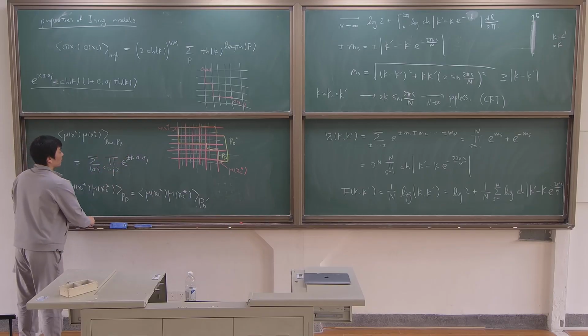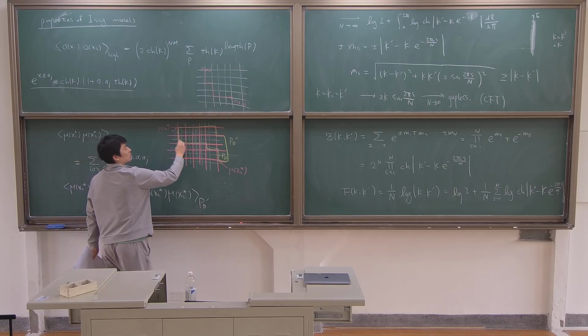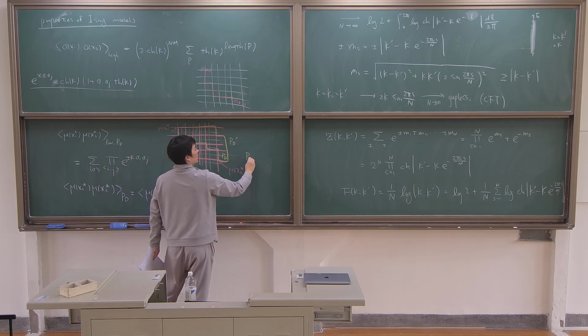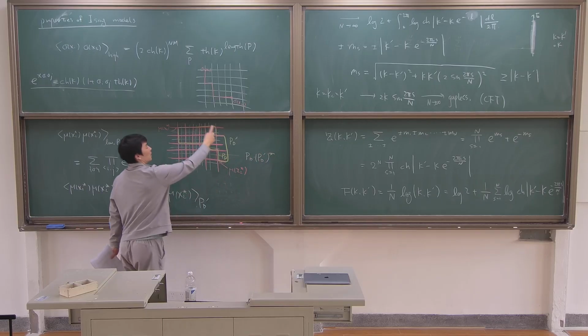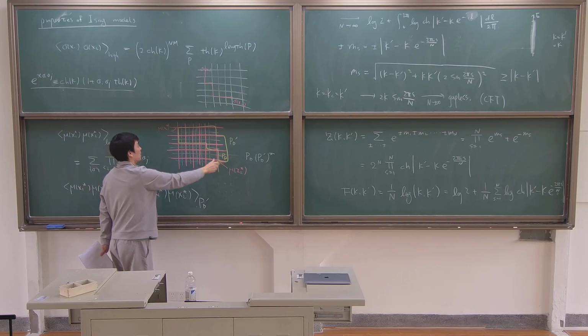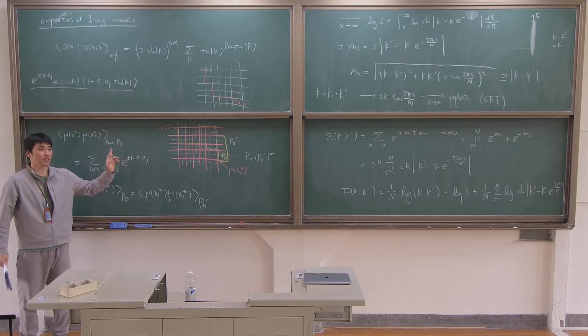So the Boltzmann weight does not change. If you consider this cross path, P_D times P_D prime, and inside the configuration you swap all possible spins, the Boltzmann weight does not change because minus times minus is equal to plus 1.